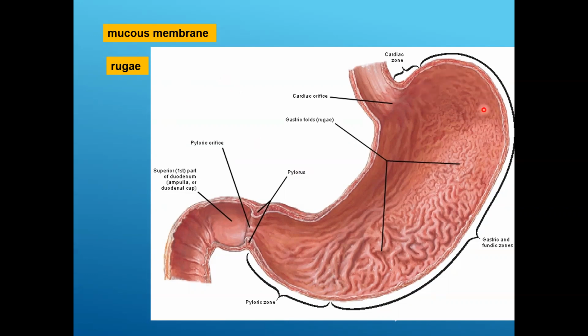Imagine you have your tiny little stomach with mucosa that is stuck to the wall, and then you eat something big, right? 4 or 5 sandwiches, and the stomach expands. What's going to happen? That mucosa is going to break. So it is folded so that when the stomach expands, it can keep up with the expansion, okay?